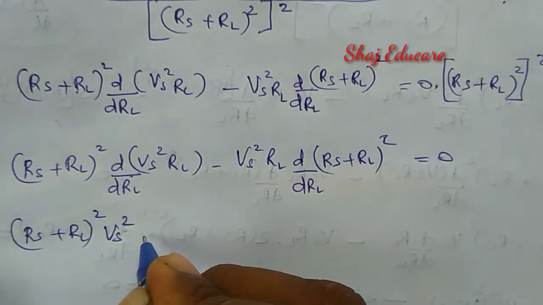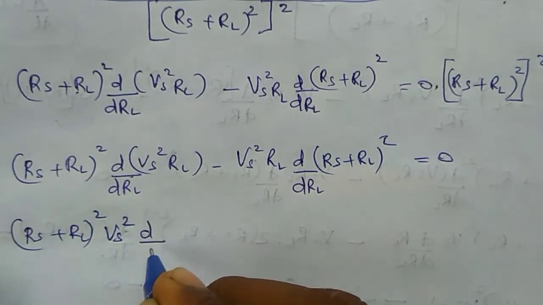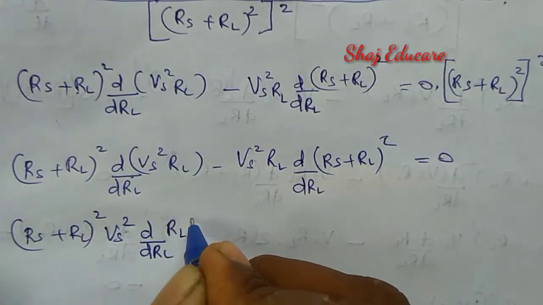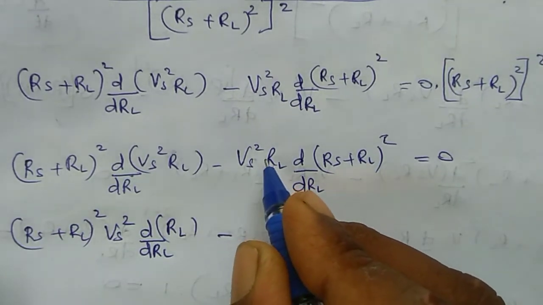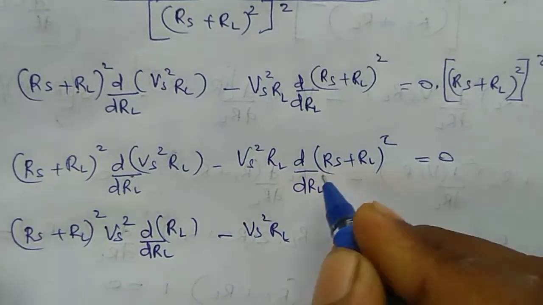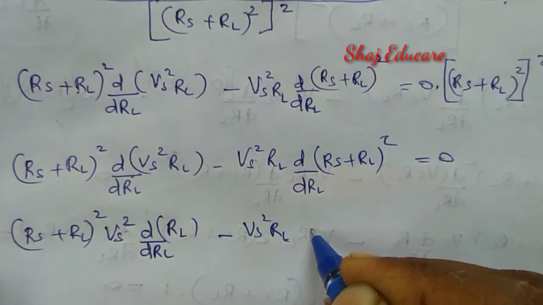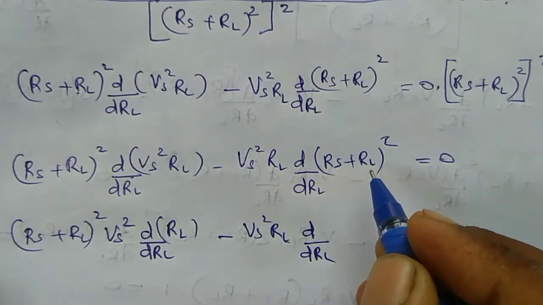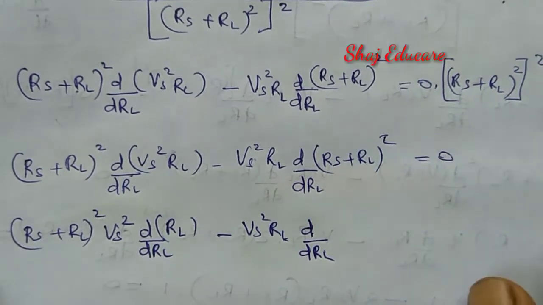Vs square into d by dRL of the remaining term, RL only. Minus Vs square RL into d by dRL of this expression (Rs plus RL) the whole square.